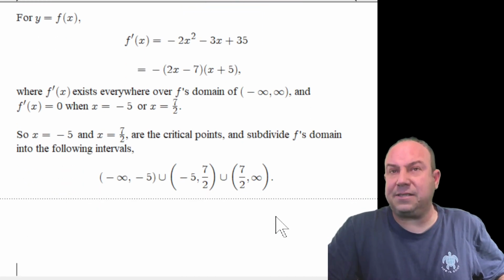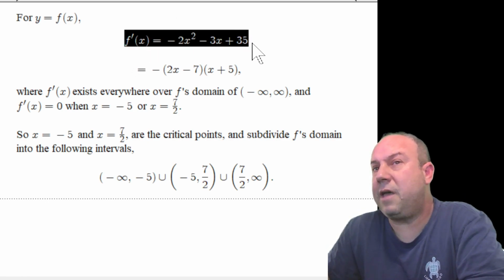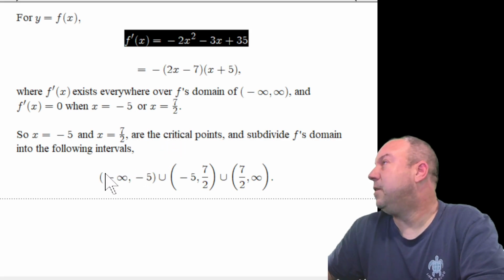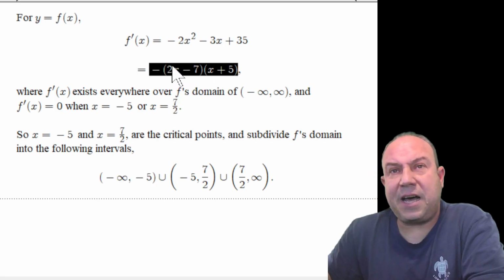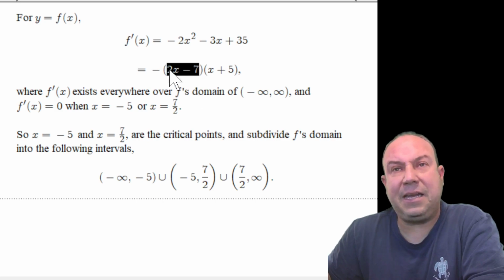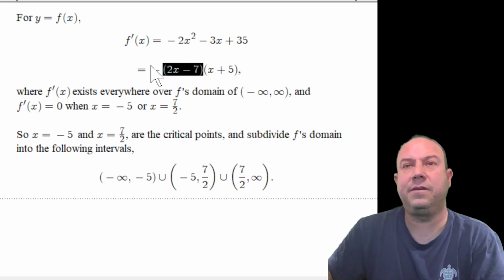We can then test numbers in each of those intervals within f prime of x. So if I pick a number like negative 6 and I substitute it in here, notice the sign. It'll be negative times, this is going to be a negative. 2 times negative 6 is a negative, minus 7 is also a negative.